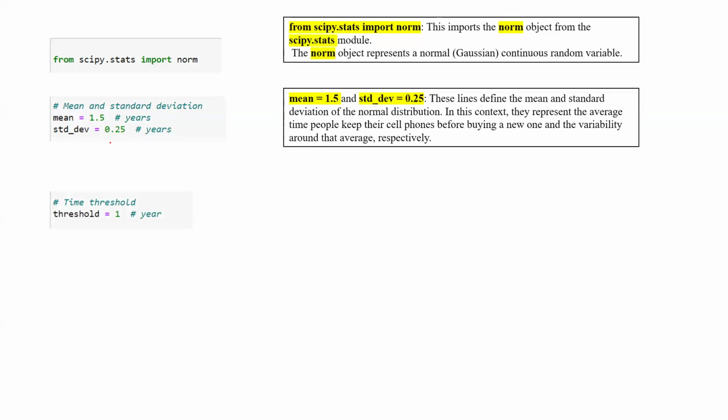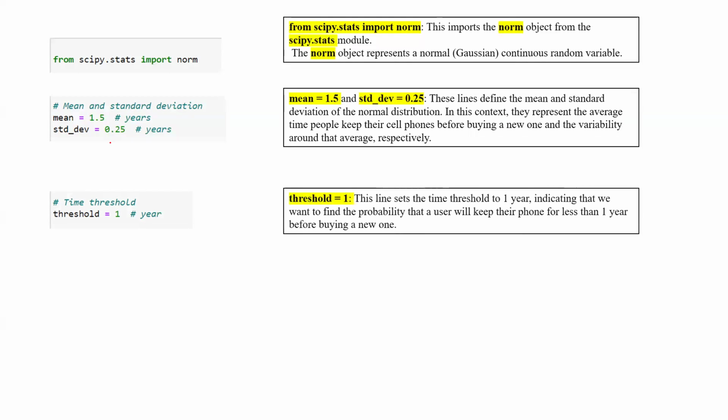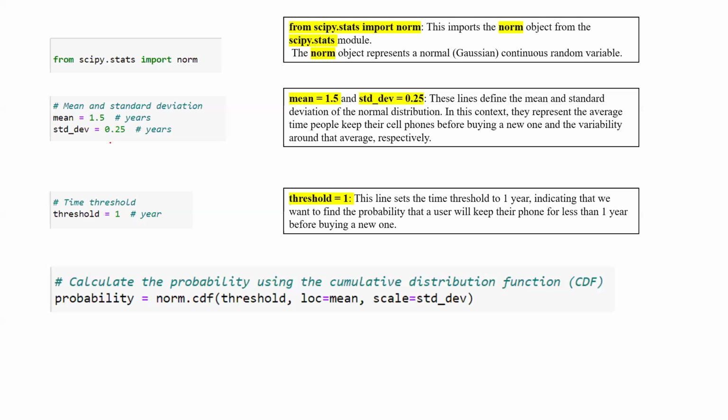Now, what I want you to do is set the threshold equal to 1. And then to calculate the probability using the cumulative density function or CDF, define probability to be norm.cdf. The threshold is equal to 1 because it's less than 1 year, to the left-hand side of 1.